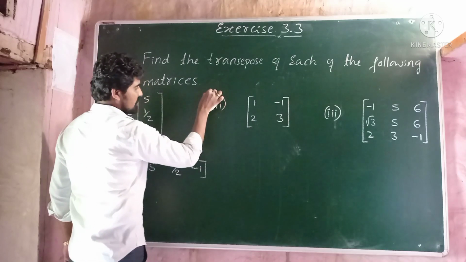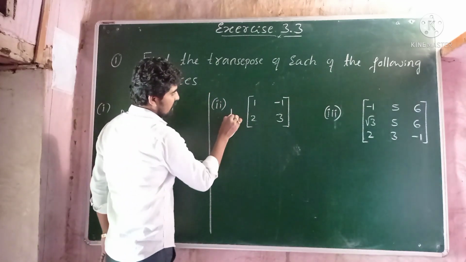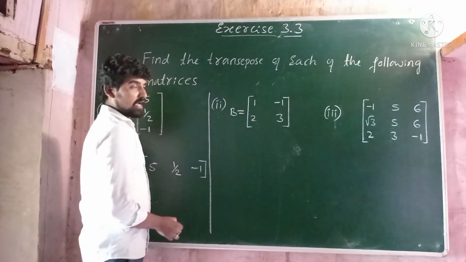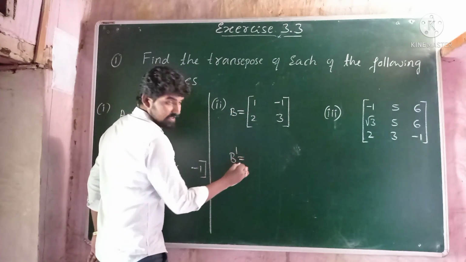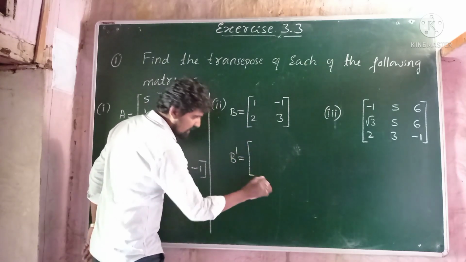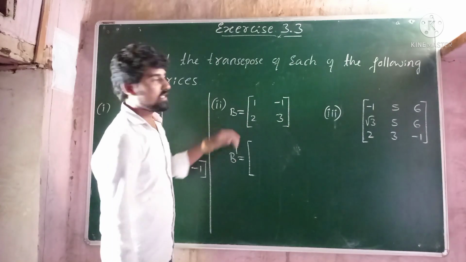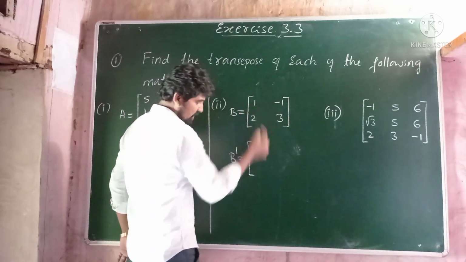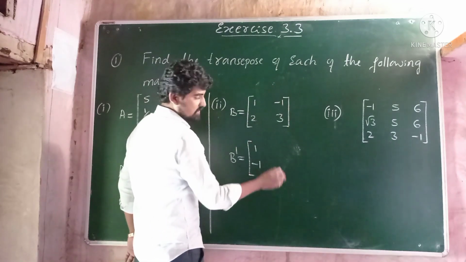And now second question. Let us define the given matrix is B, and transpose of this matrix B is B dash, which is obtained by interchanging rows and columns of this matrix B. So it means first row becomes first column: 1, -1. Second row becomes second column.